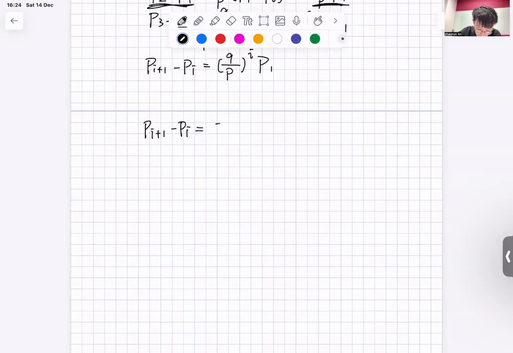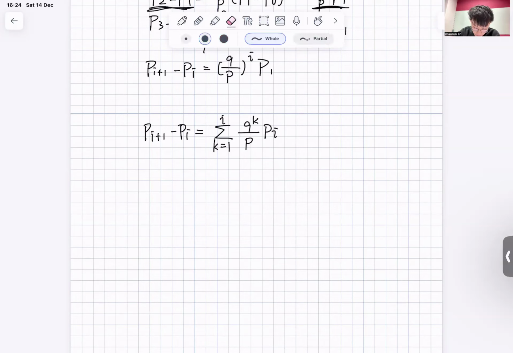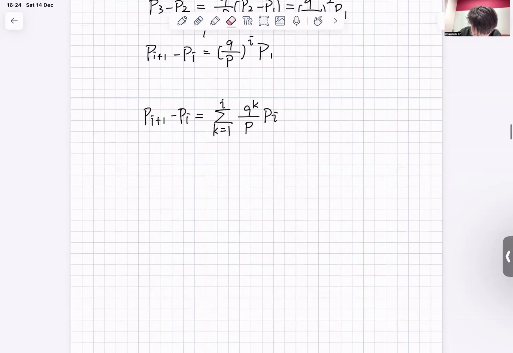And so we have the sum of all, from k equals 1 to i, of (Q over P) to the k times P1. So this is the relation we have.